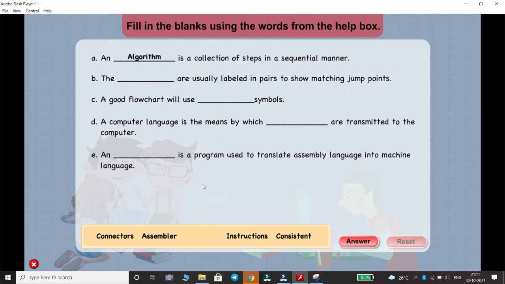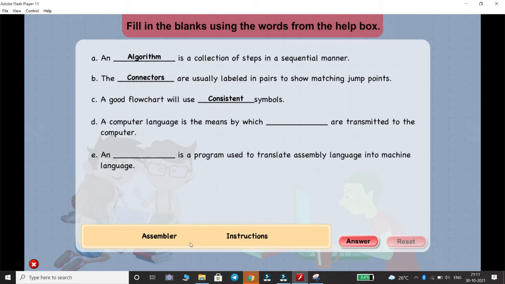Answer is connectors. Third question. A good flowchart will use dash symbols. Answer is consistent.